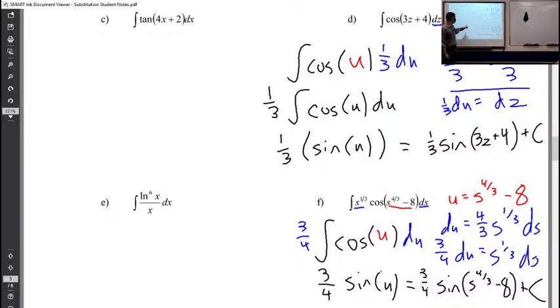How many feel confident they have u on this one? I did see one or two people have it when I went around and checked. Clue number 1, the function is inside of another function.